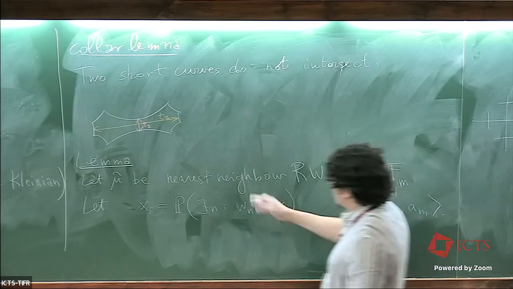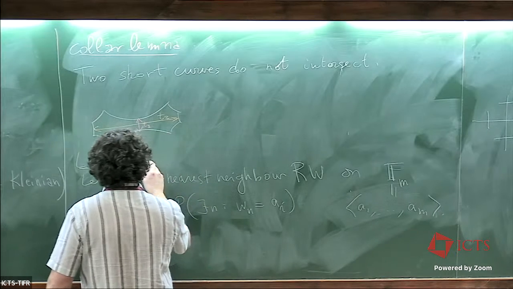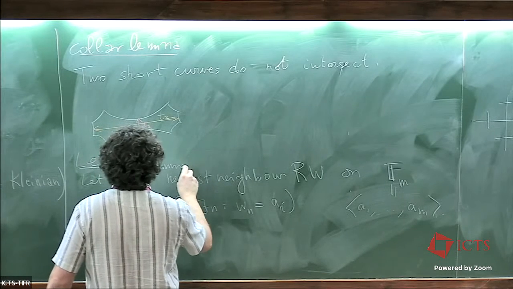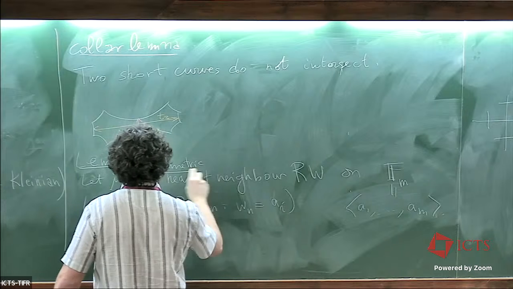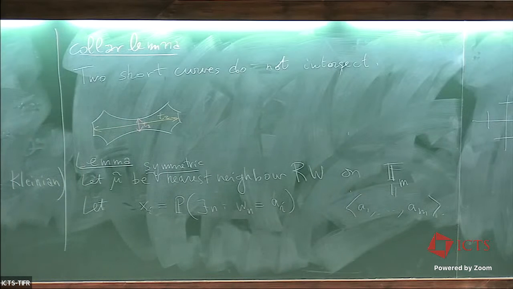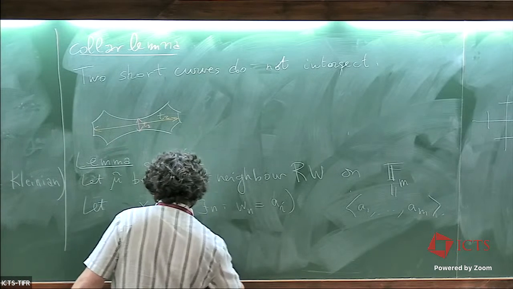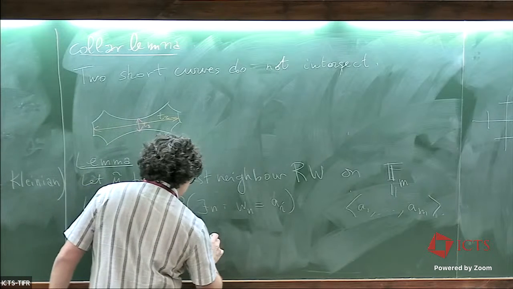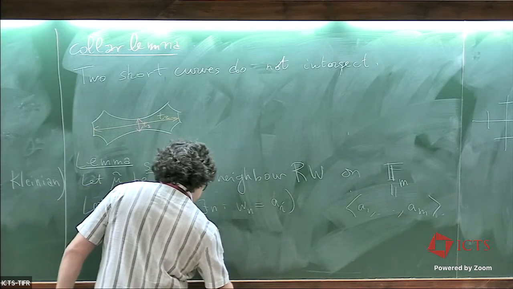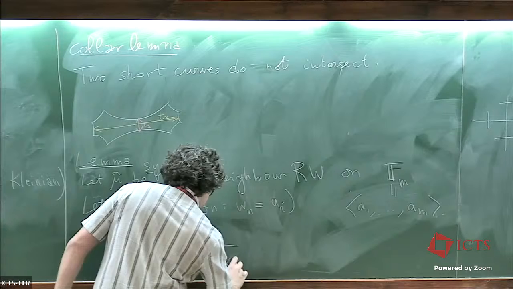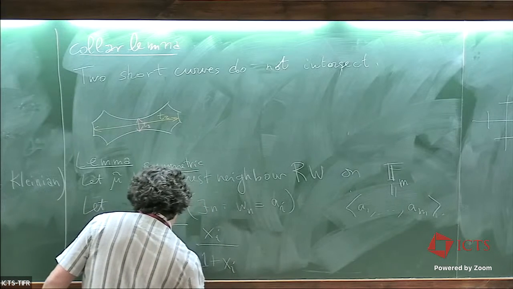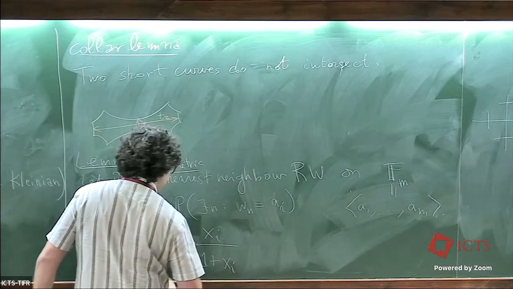Now, for simplicity, let's assume it's symmetric. We don't need it, but otherwise the equation is a bit more complicated to write. So now here's an exercise in probability that maybe you've done if you've taken a course in probability on graphs: the sum of xi divided by 1 plus xi, where i equals 1 to m, is equal to a constant.